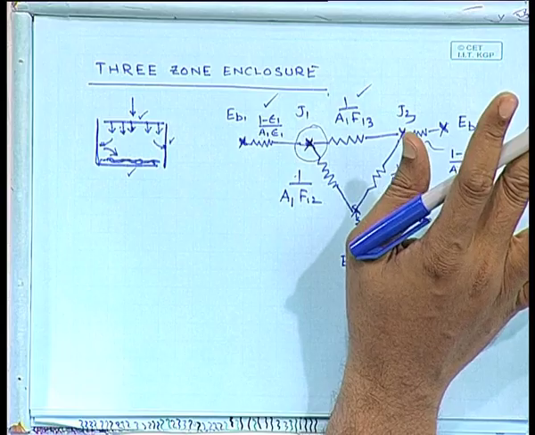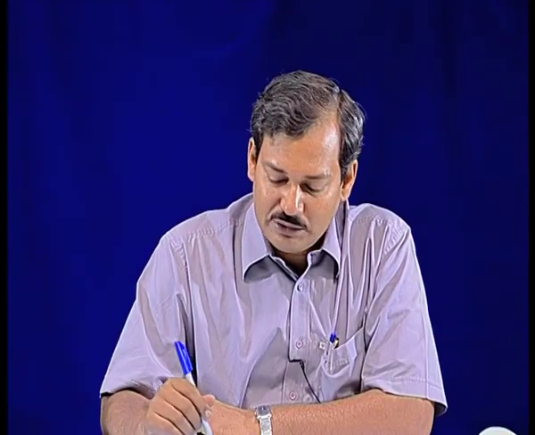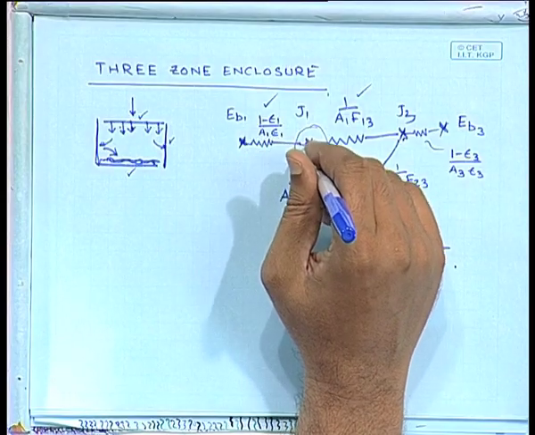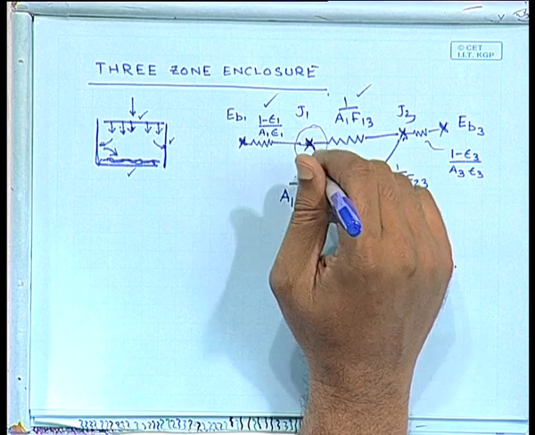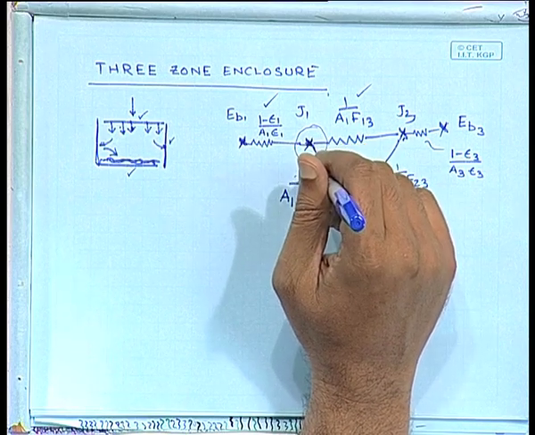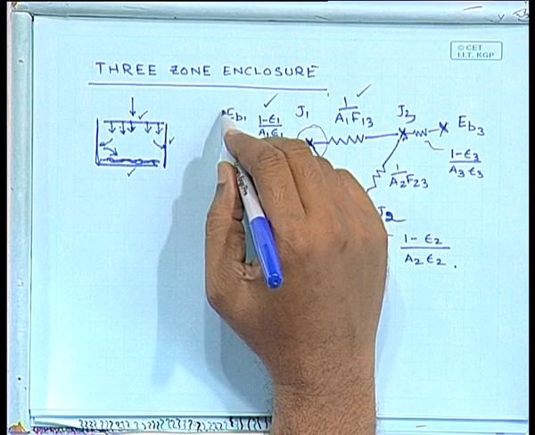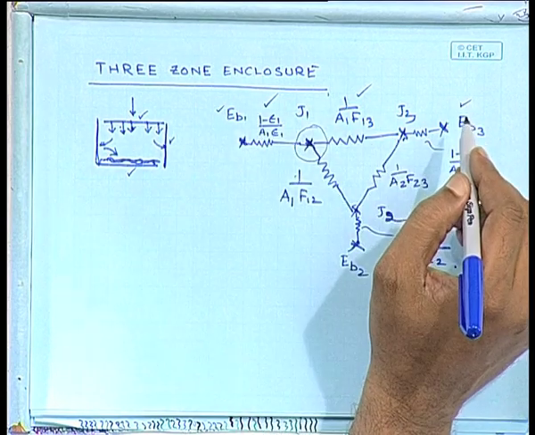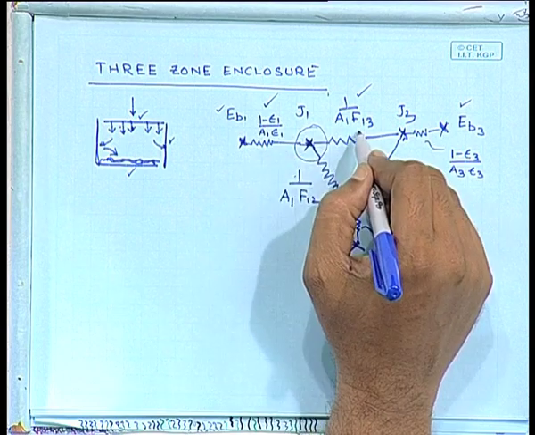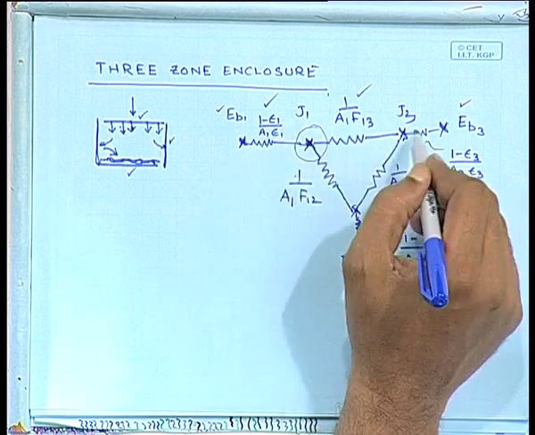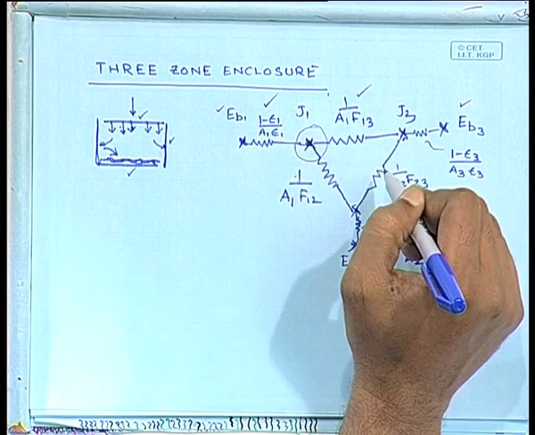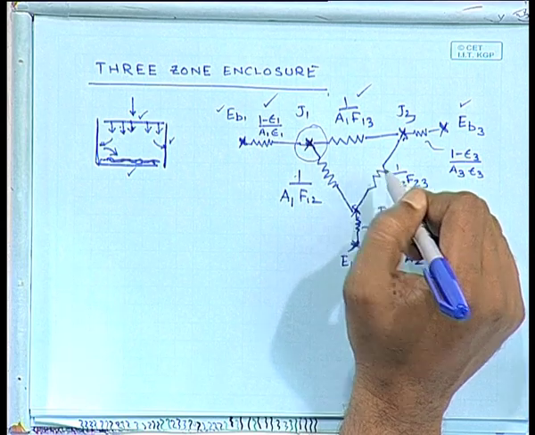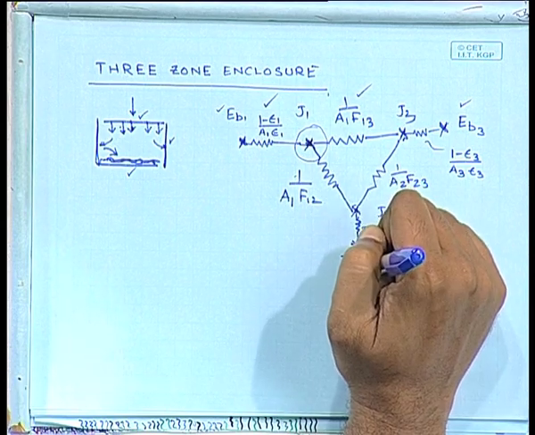Absolutely no difference. And that is what you expect, because at steady state, whatever amount of energy is coming to this, this and this, the algebraic sum of the three would be equal to 0. So, if you know certain things, let us say the EB1, EB3 are known to you, you also know the view factors, you also know what is epsilon 1, epsilon 2, epsilon 3, and you are asked to find out what is the temperature of surface 2.